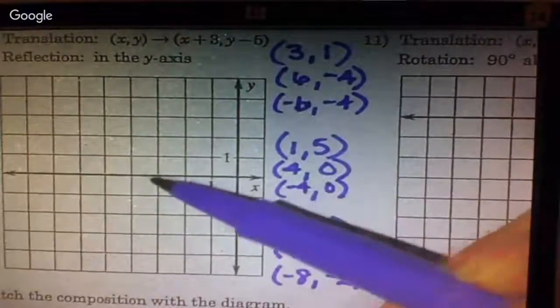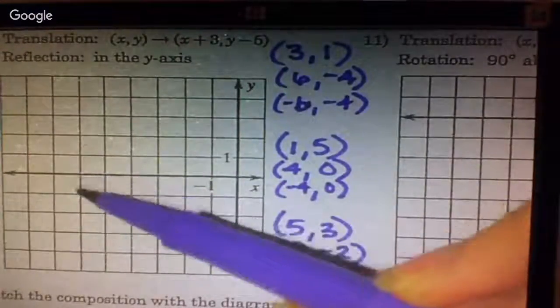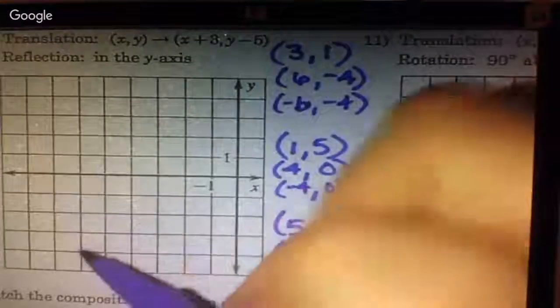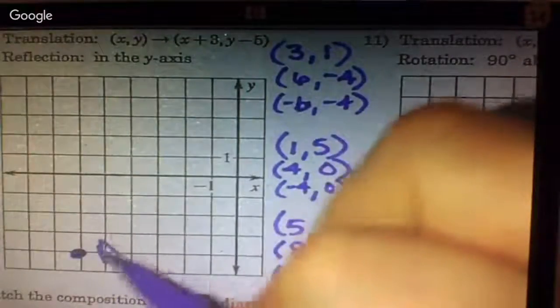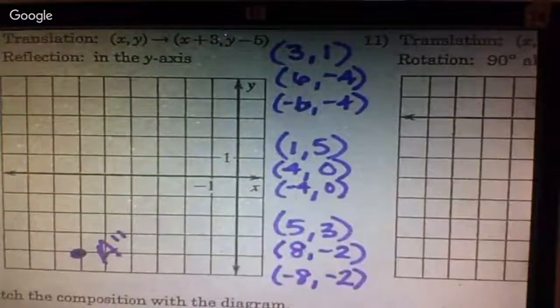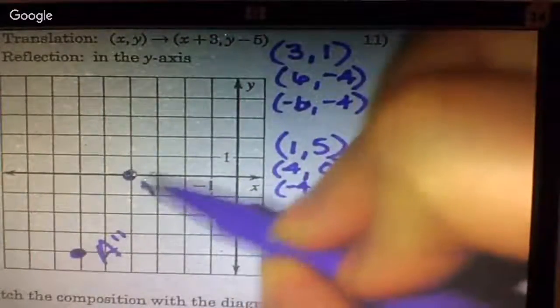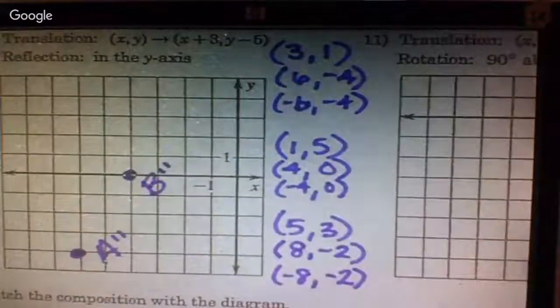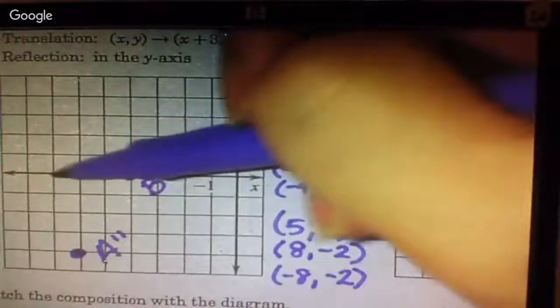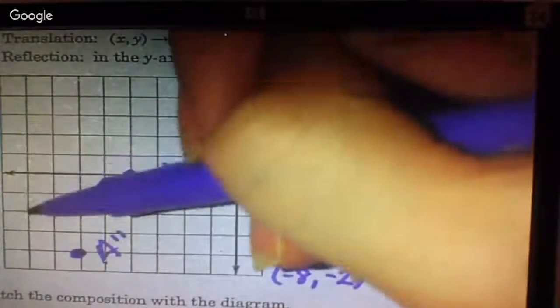Here's A double prime. Here's B double prime. And C double prime.